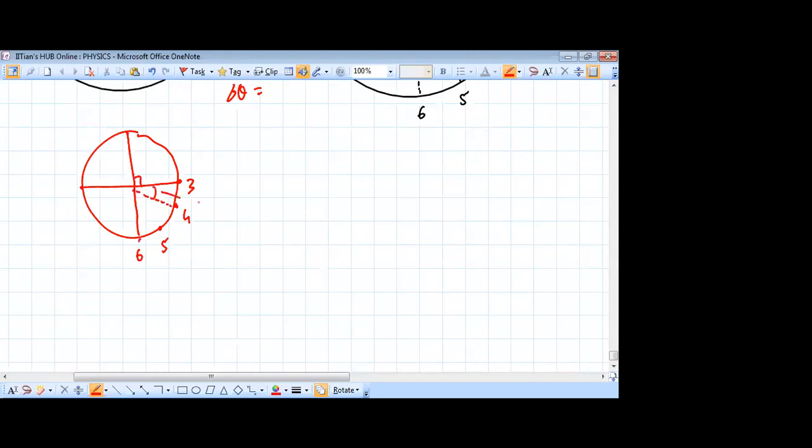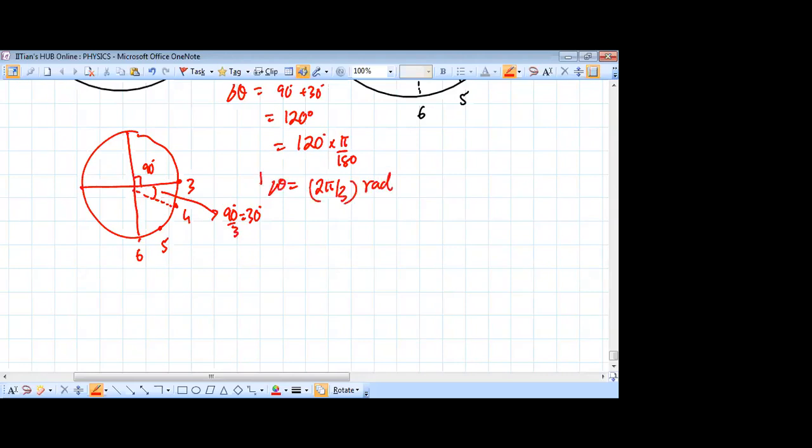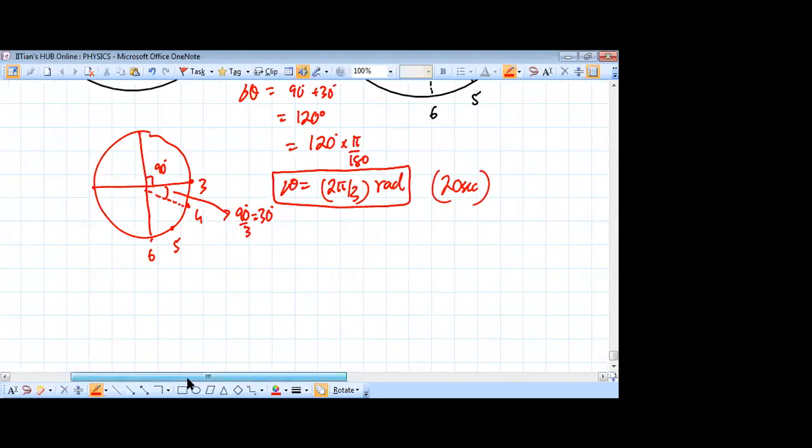So this angle here is 90 by 3 or 30. And this is 90. So our total is 90 plus 30 or 120 degrees, which is the same thing as 120 into pi by 180, so 2 pi by 3 radians. This is the angular displacement in 20 seconds.